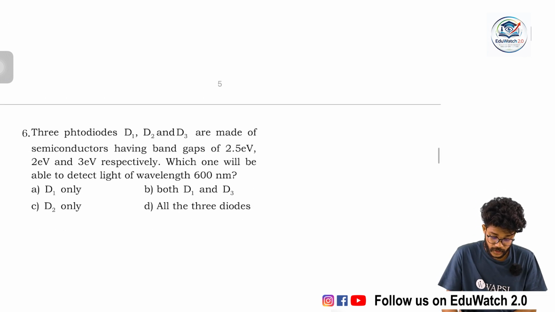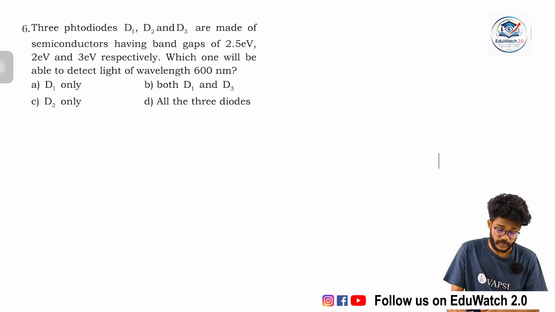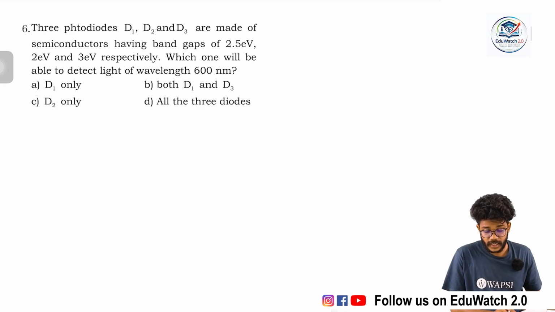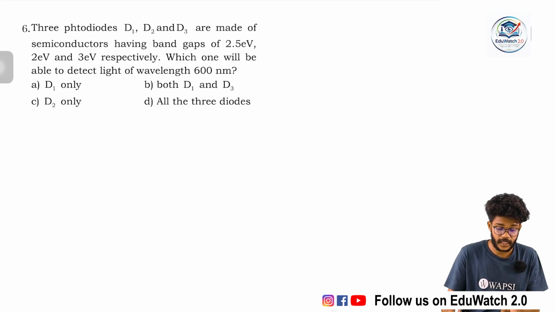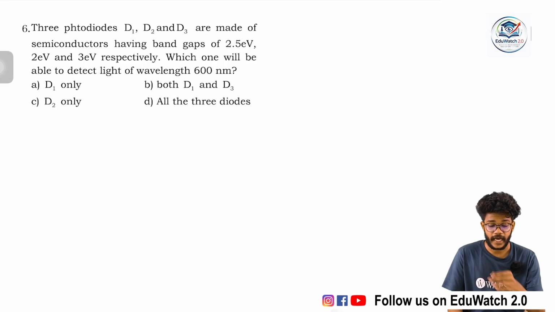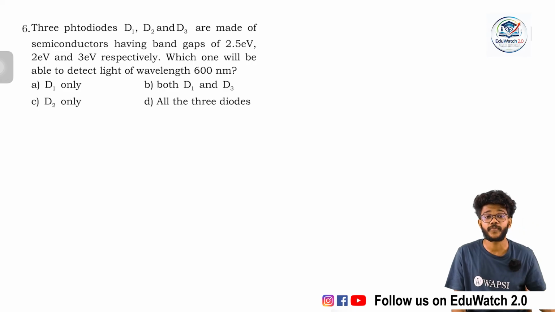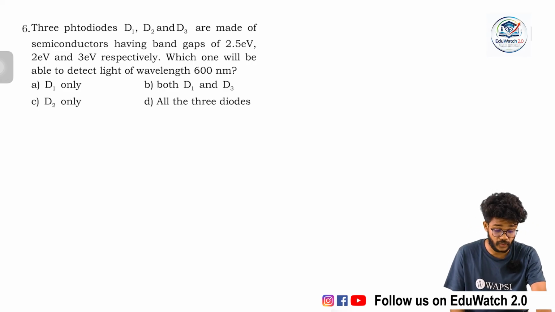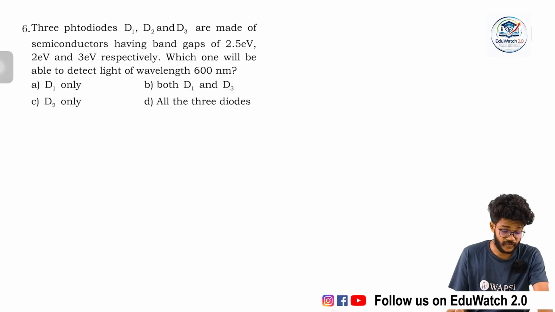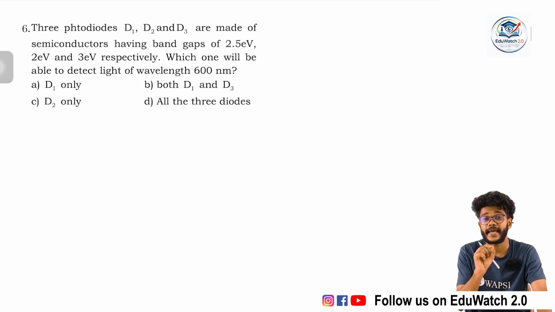So we can move to the sixth question. Three photodiodes D1, D2, D3 are made of semiconductors having band gap of 2.5 electron volt, 2 electron volt and 3 electron volt. That means the energy for D1 is 2.5 electron volt, D2 is 2 electron volt and D3 is 3 electron volt. Okay, these are the energy values of each diode.